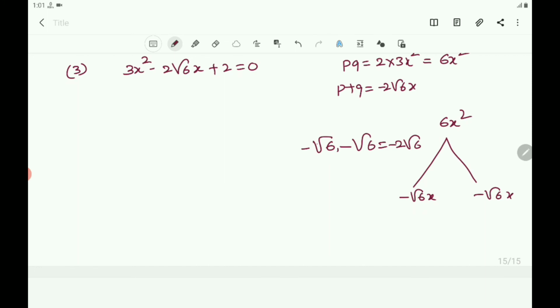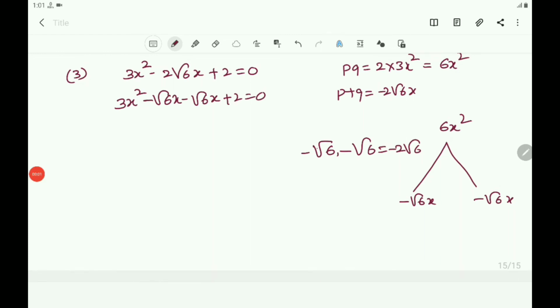So the four terms you write: 3x square minus 2 root 6x is split as minus root 6x minus root 6x, plus 2. That is 3x square minus root 6x minus root 6x plus 2 equals 0. Now here make the group of two terms.